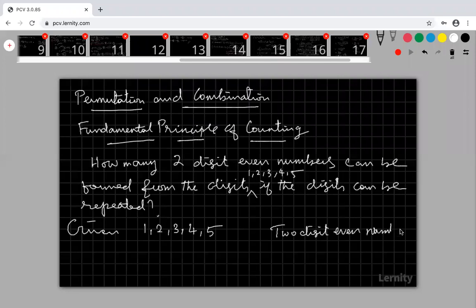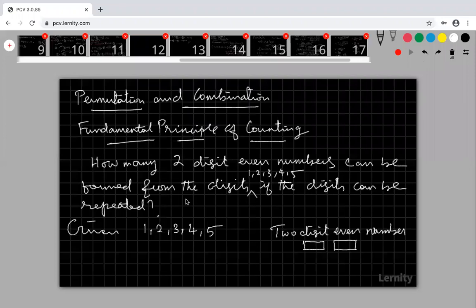My two-digit even number has a tens place and a ones place. This is my ones place, unit place. This is my tens place. Okay, right.